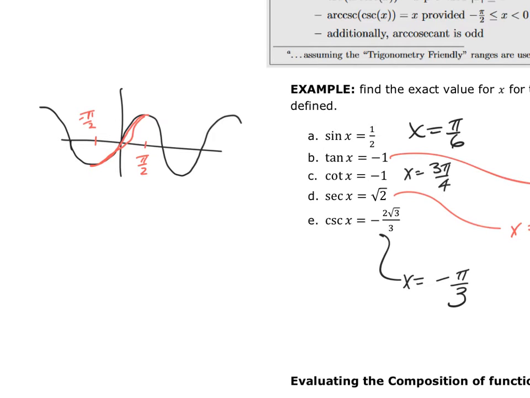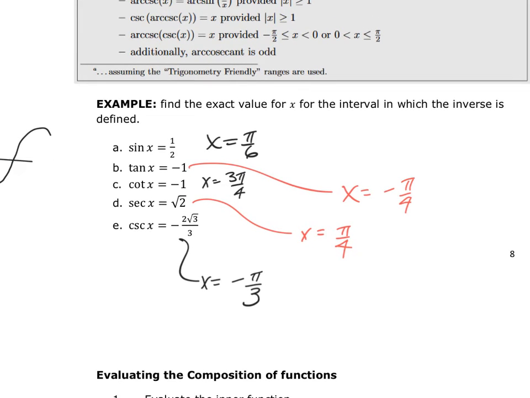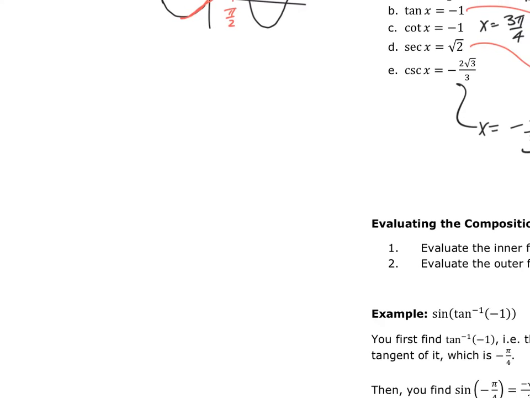And the inverse is just where the x and the y change. And so what I'm chasing is the angles that produce those answers in the restricted domain of the original function. The way we have definitions for inverses is sine x, cosecant x, tangent x.